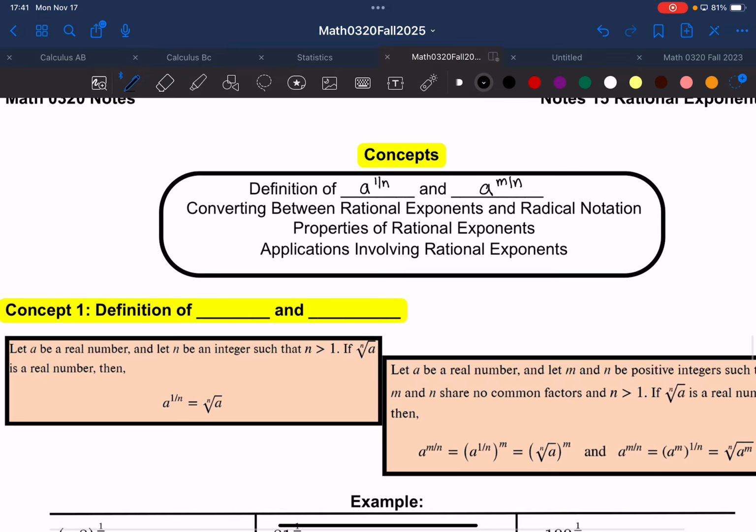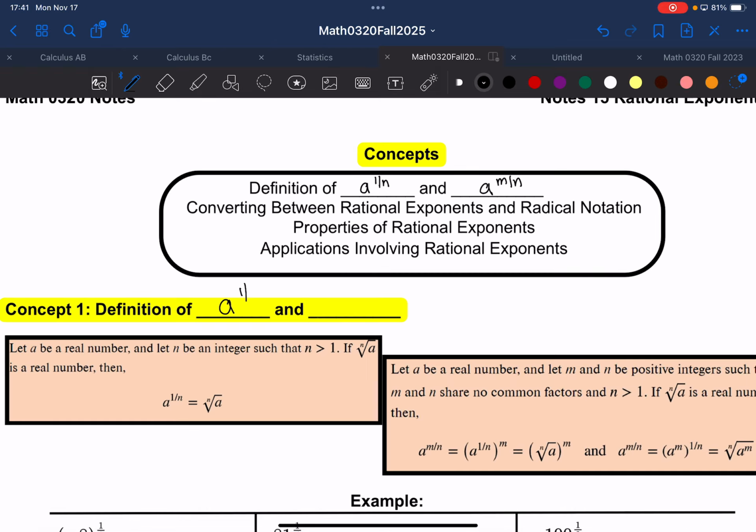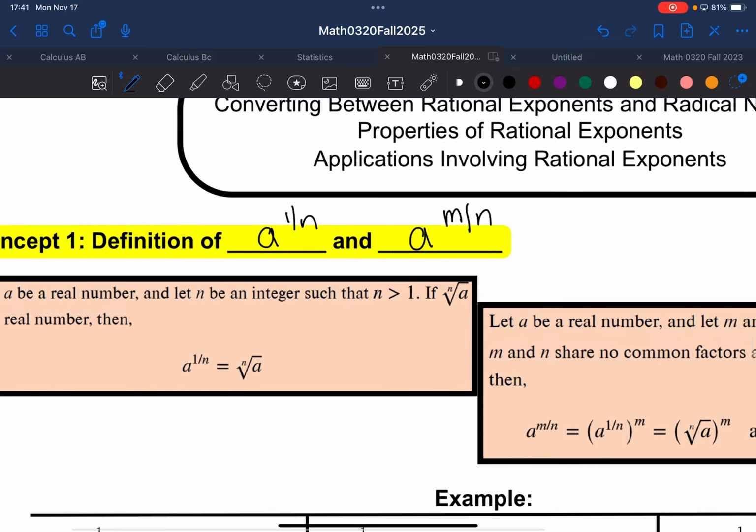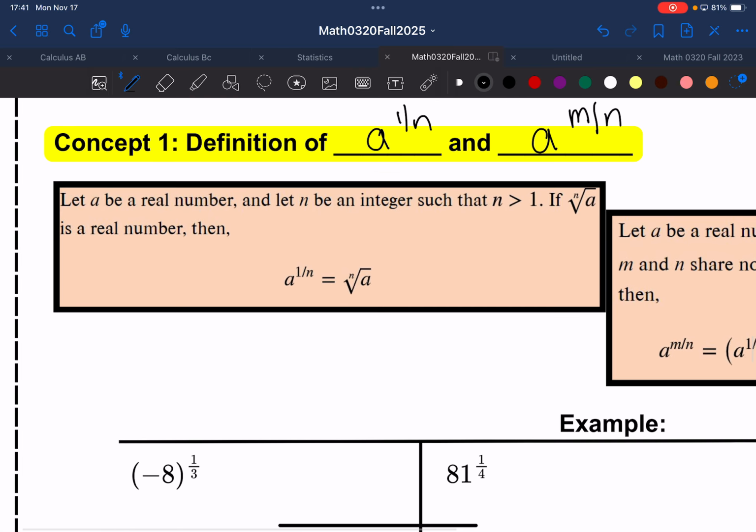So again, the first concept is a to the 1 over n and a to the m over n. First, looking at a to the 1 over n. It says let a be a real number and let n be an integer such that n is greater than 1. If the nth root of a is a real number, then a to the 1 over n is equal to the nth root of a.